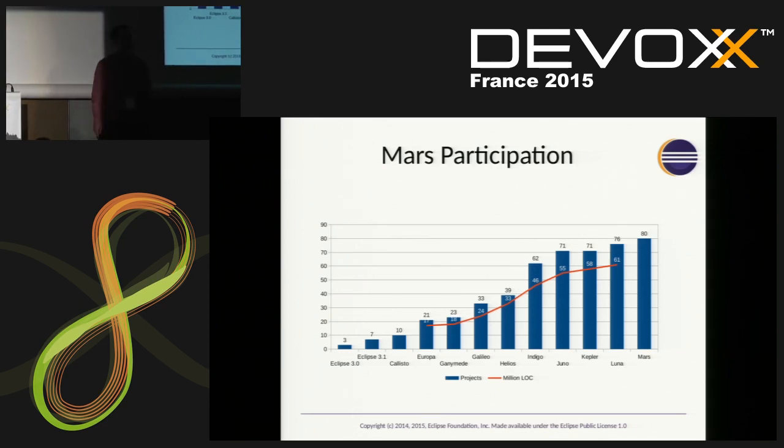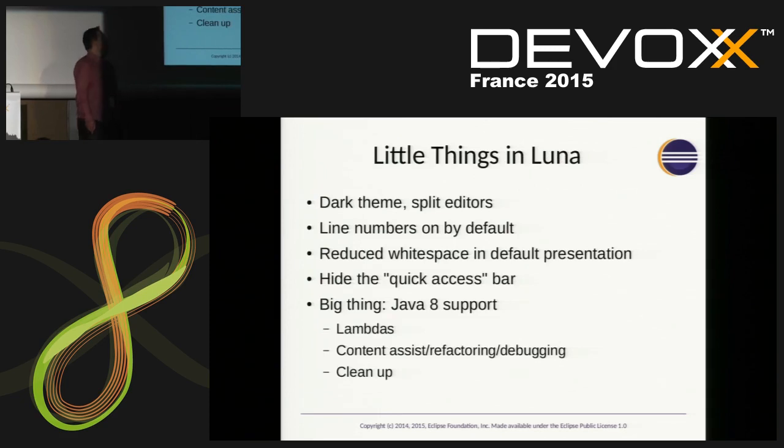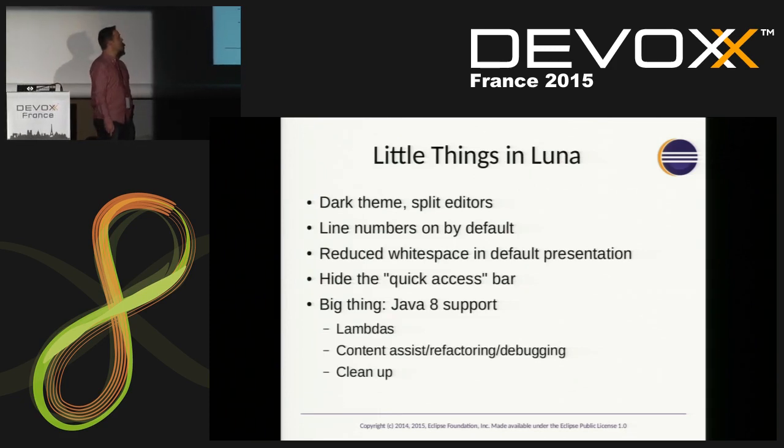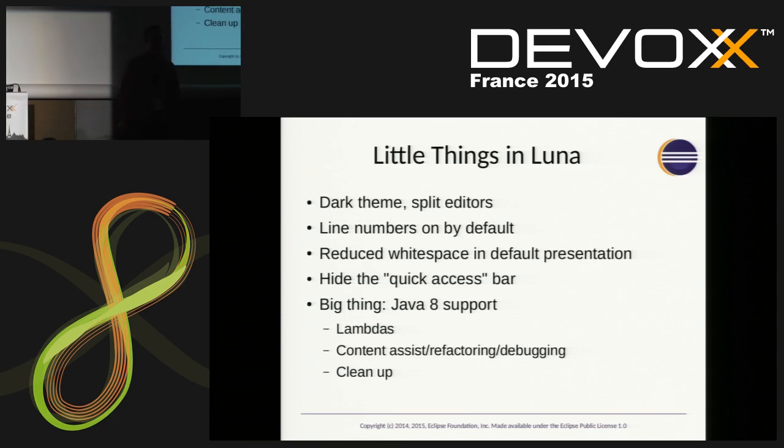In Luna, we introduced some stuff that, quite frankly, baffled me how well it was received. I'm dumbfounded by how happy everybody was that we turned line numbers on by default. We got so much good press and good feelings because of this option that you can very easily toggle yourself was turned on by default.